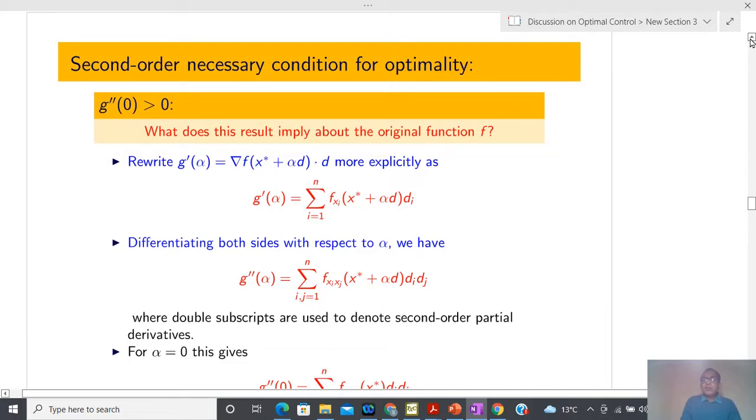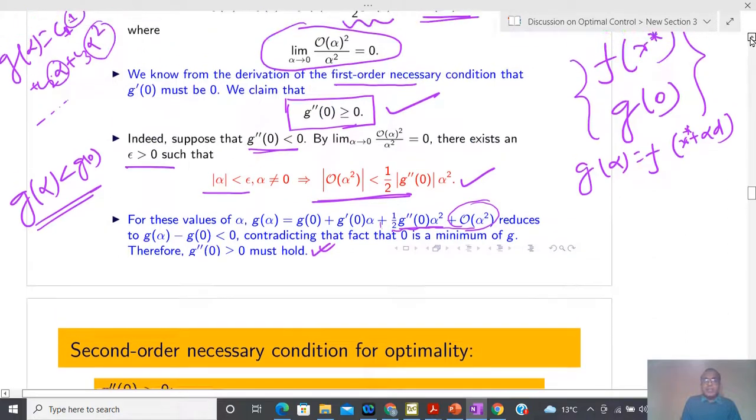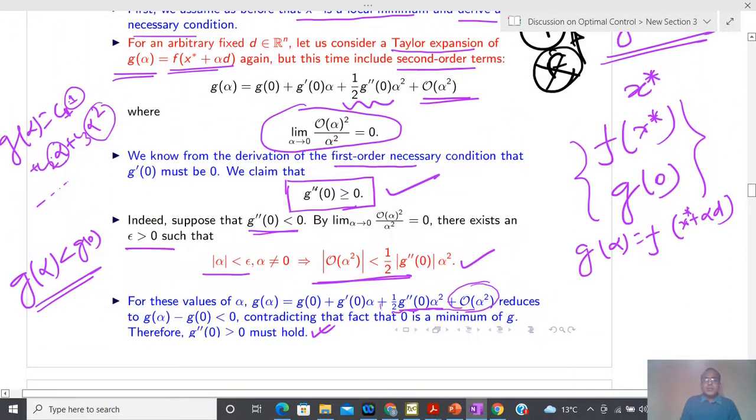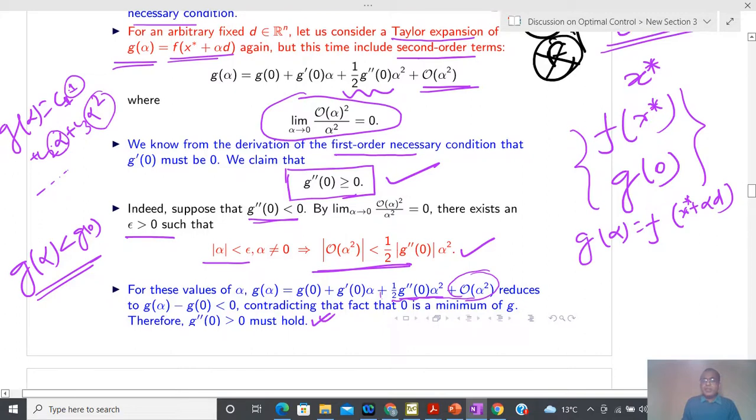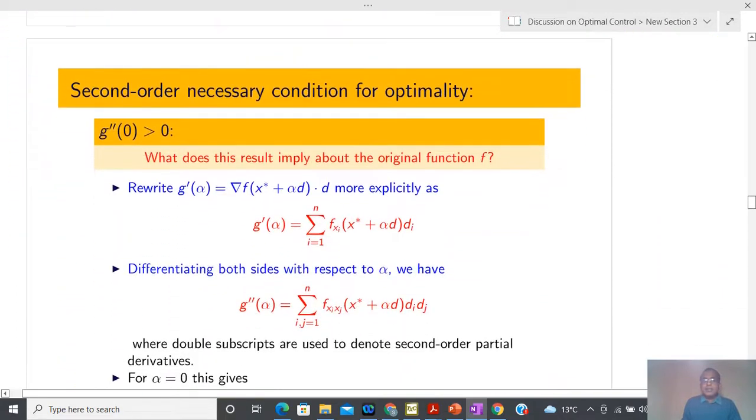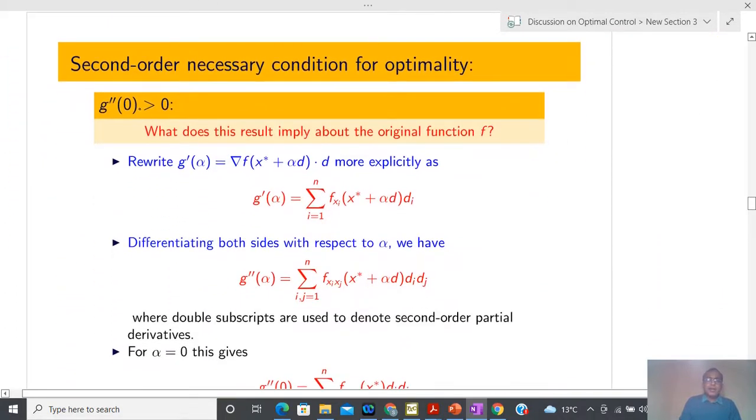Now I am going to express g double dash, the second order derivative that I have written, greater than or equal to 0. I am going to interpret the same kind of condition with the help of this function f. So here basically I have the equality sign also.